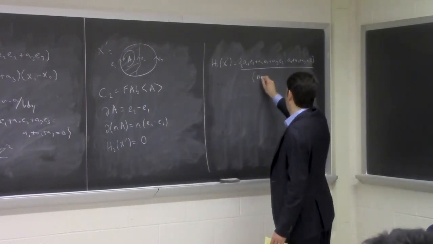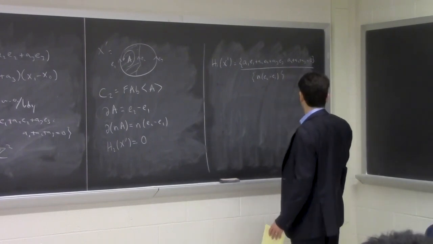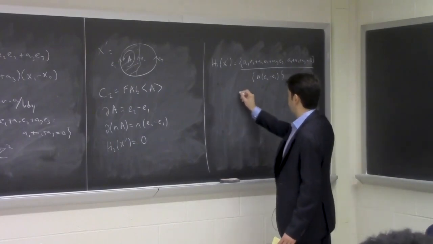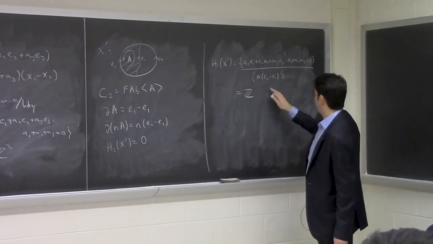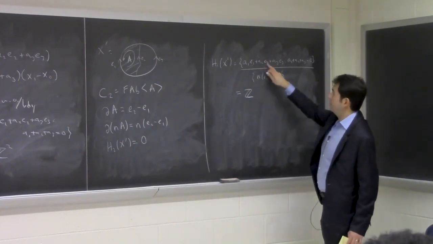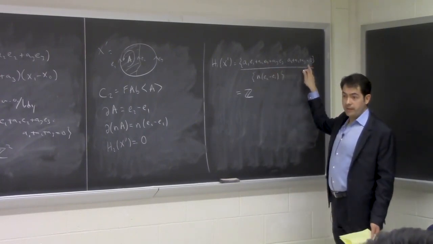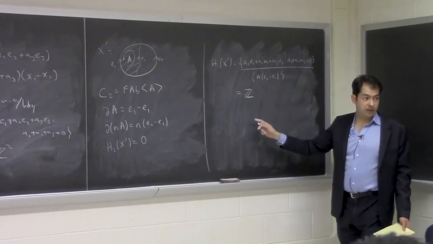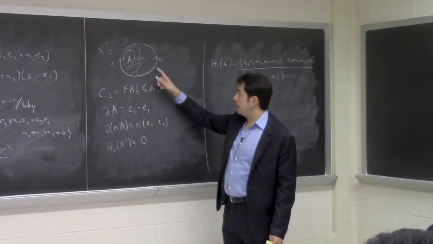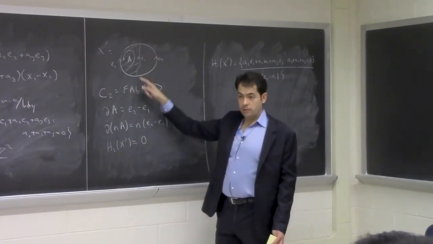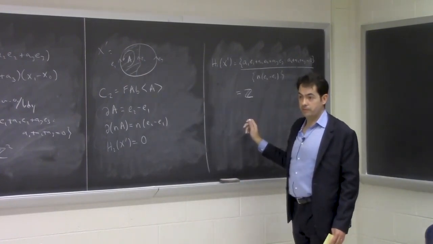So I would mod out by n times E2 minus E1, well, for all n. Okay, so this just tells me that E2 and E1 are giving you the same element. And then since the coefficients are still adding up to 0, I only need one coefficient. So I just get Z. And of course, this space, you would think, well, homotopically, this is just a circle. And so for a circle, H1 should give you Z. It's just pi1 abelianized.